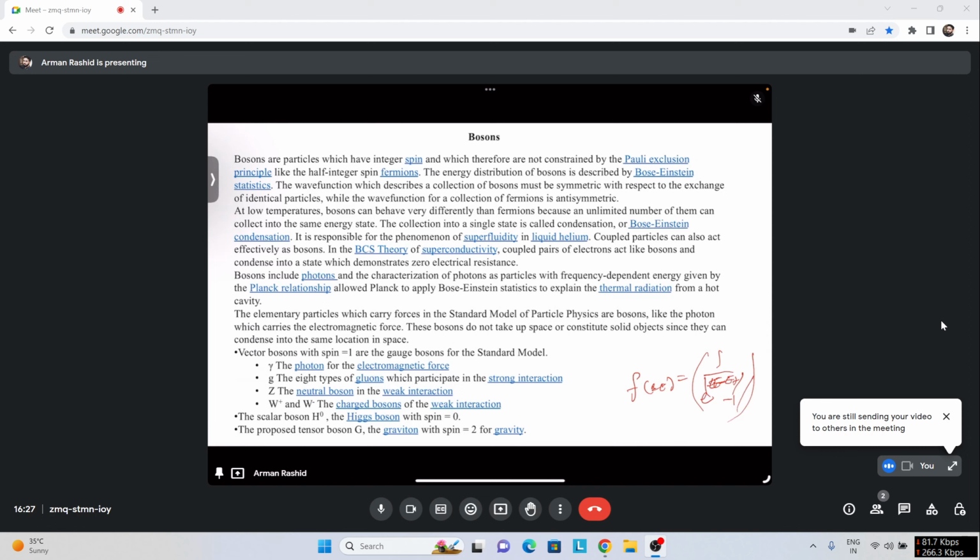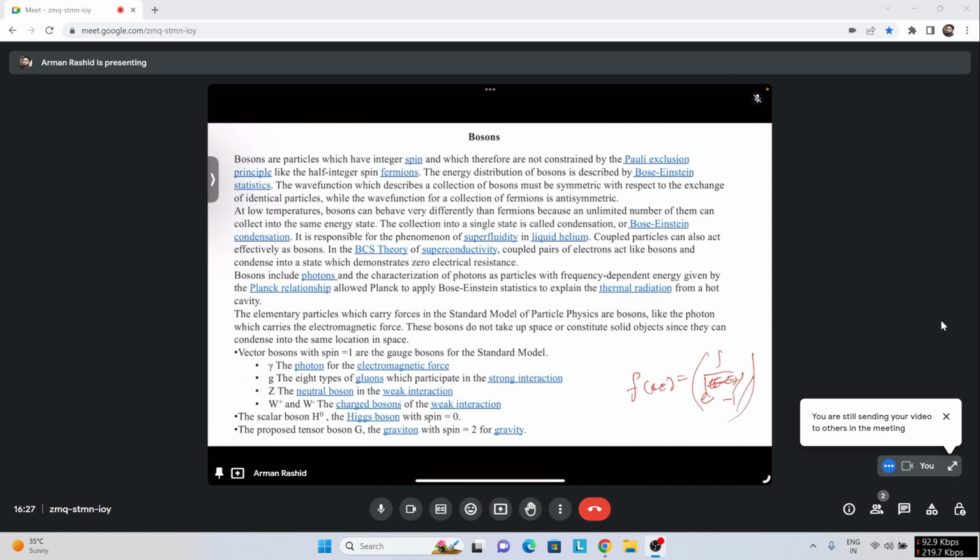So it is because of these bosons that we see superconductivity, because two electrons interact among themselves to form a boson. Bosons also include photons, and the characterization of photons as particles with frequency-dependent energy, given by Planck's relationship, allowed Planck to apply Bose-Einstein statistics to explain thermal radiation from a hot cavity.